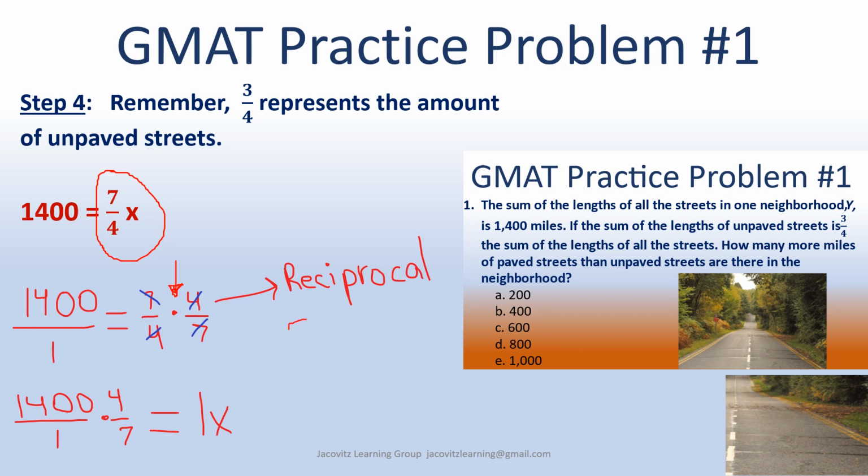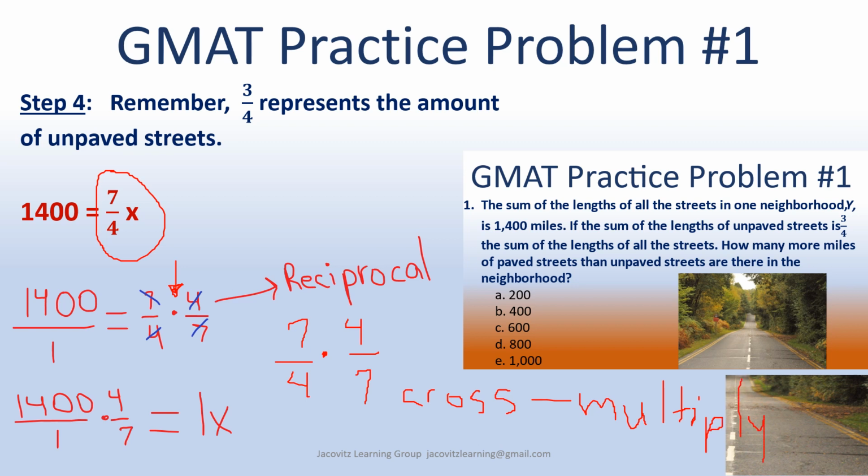If it's 7/4, the reciprocal is just turning it upside down. And when you do that, you cross multiply, and you're going to have 1 on both terms.